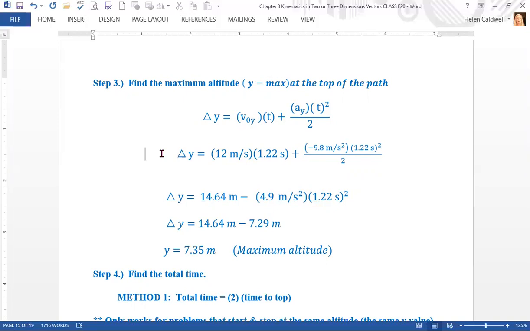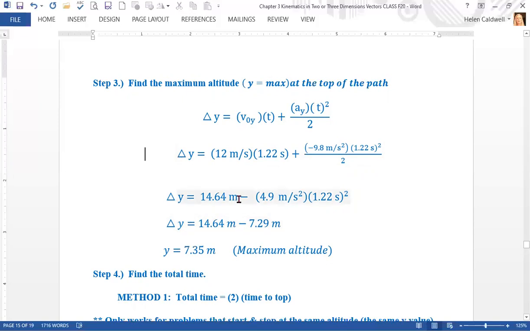Most people are better off if they don't just punch all this into the calculator as a string, but do it in parts. So take 12 and multiply it by 1.22 and write the answer down, 14.64 meters. And now let's do some arithmetic. There are a lot of different ways you could do this, but I suggest that you take the 2 and divide it into the negative 9.8, and that leaves you with a negative 4.9 meters per second squared, and then you've got 1.22 seconds that you have to square.